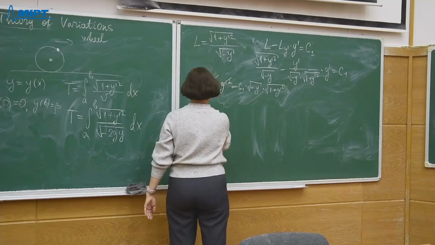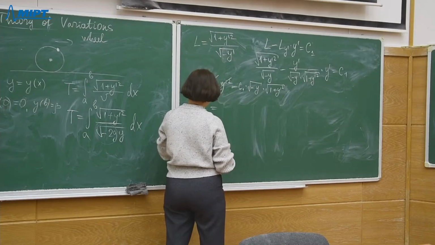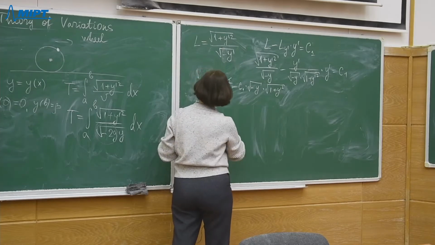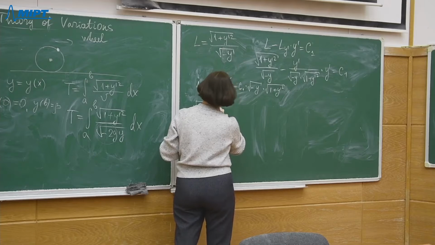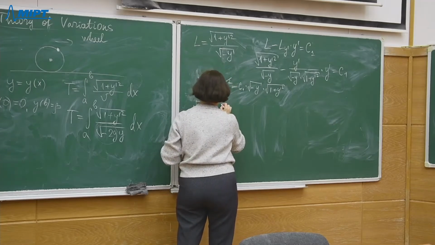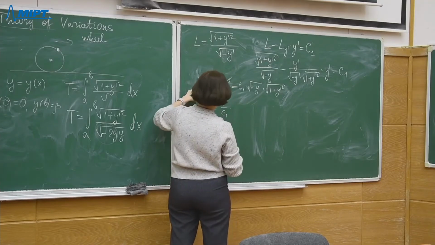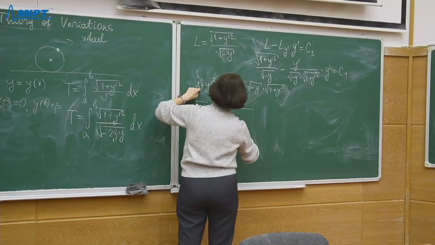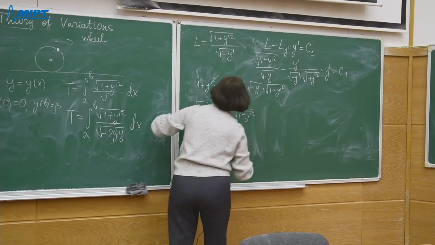So we have the following: root of negative y equals, let it be 1 over C1, divided by root of 1 plus y prime squared.